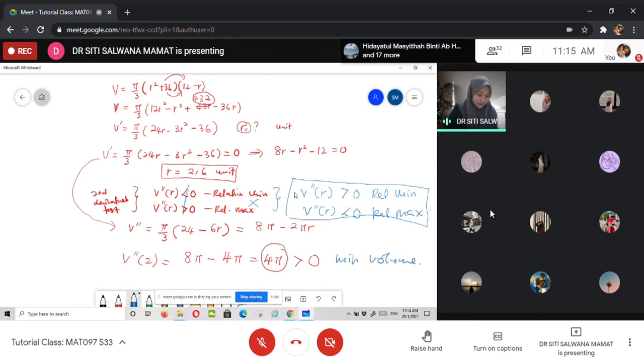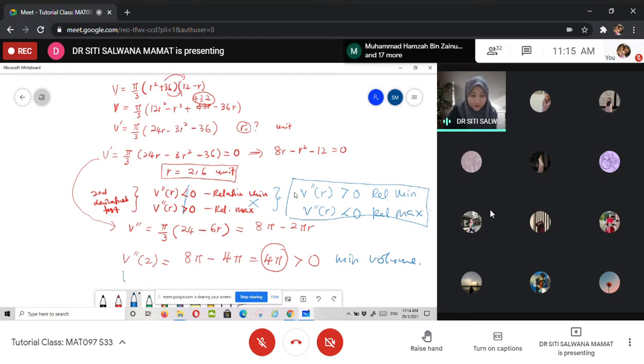Okay, can? My sign was swapped there. If greater than 0 it is a relative minimum, if less than 0 it is a relative maximum. You look at the second derivative test. This was my wrong symbol earlier.